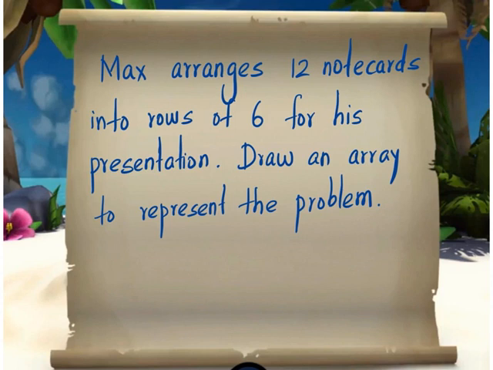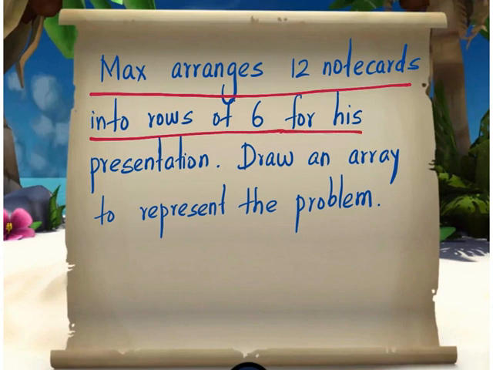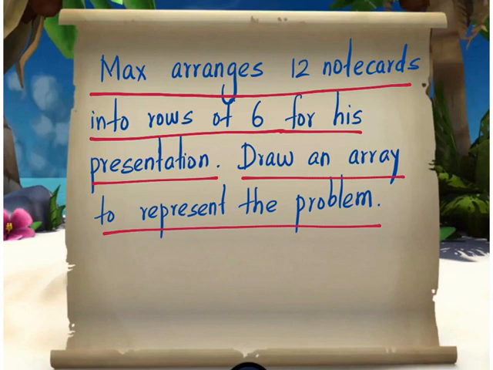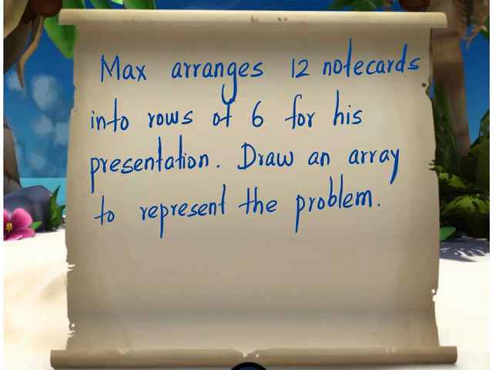Let us see a problem. Max arranges 12 note cards into rows of 6 for his presentation. Draw an array to represent the problem. How many note cards did Max arrange? Max arranges 12 note cards into rows of 6.